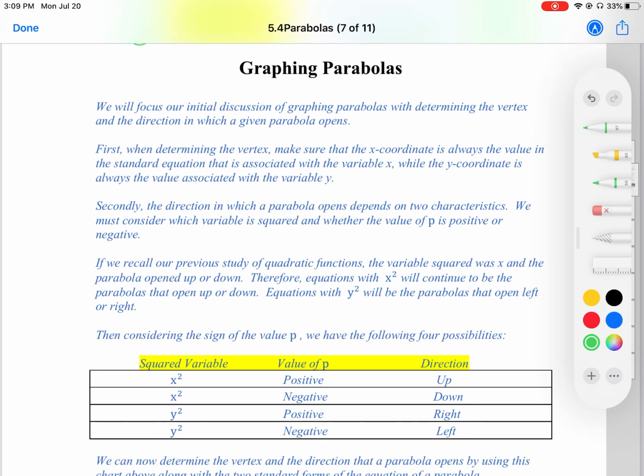We must consider which variable is squared and whether the value of p is positive or negative. If we recall our previous study of quadratic equations, the variable squared was x, and the parabola opened up or down. Therefore, equations with x squared will continue to be parabolas that open up or down. Equations with y squared will be parabolas that open left or right.